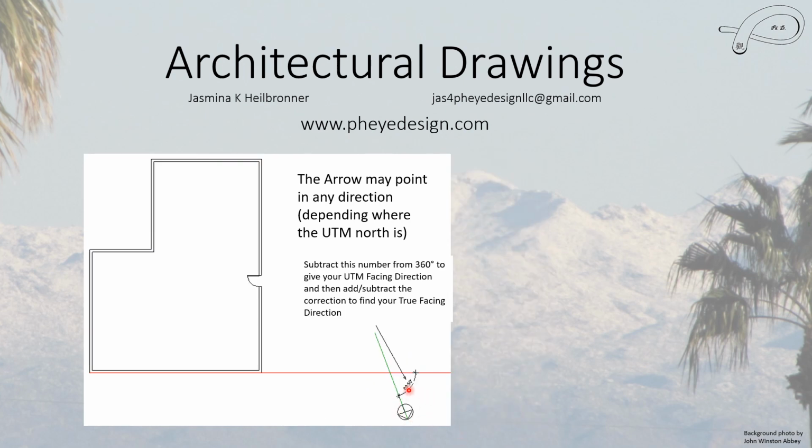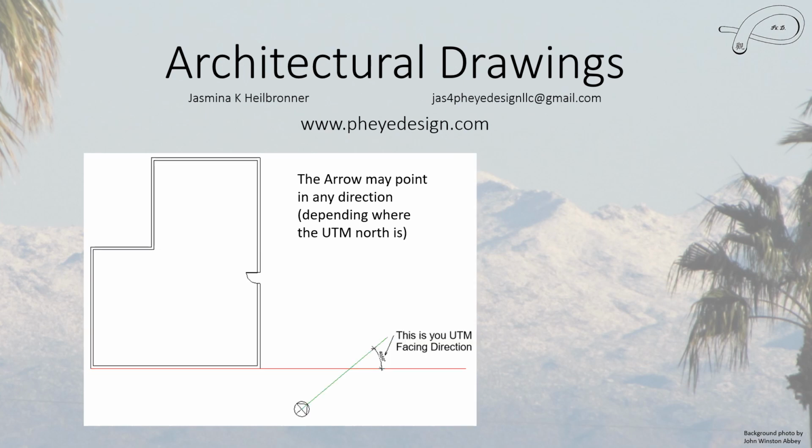If it's to the bottom right, you measure this, and this time you would have your protractor on the red line, 0 over here, and measure that, and then you subtract whatever this number is from 360. And then, of course, this is always just going to give you your UTM direction. You always have to do that correction to get your true facing direction.